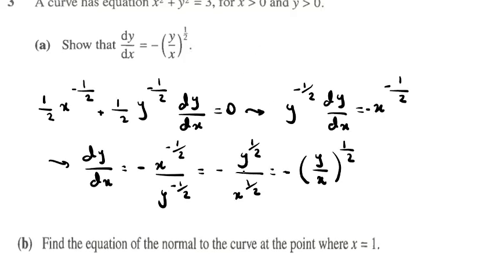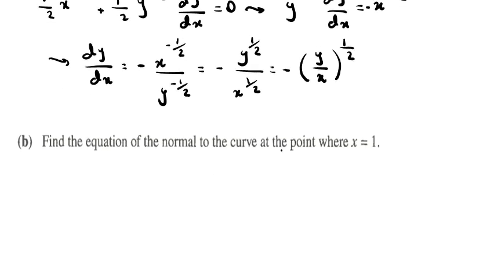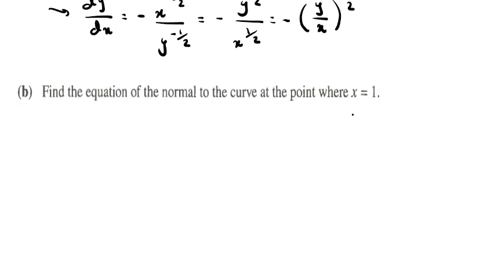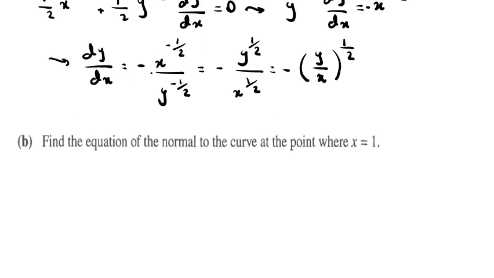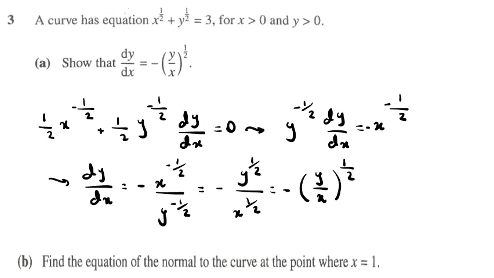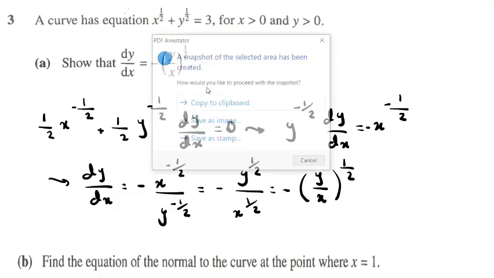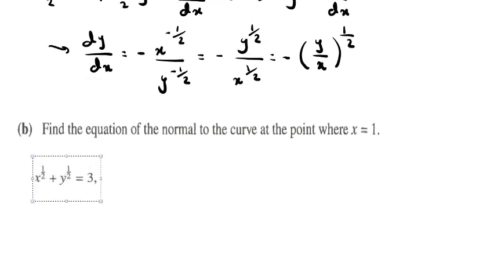In part B, the problem says find the equation of the normal to the curve at the point where x equals 1. So you use this derivative, you replace x with 1, and we should use the main equality. Let me copy this one. So if x equals 1, we should see y equals what?